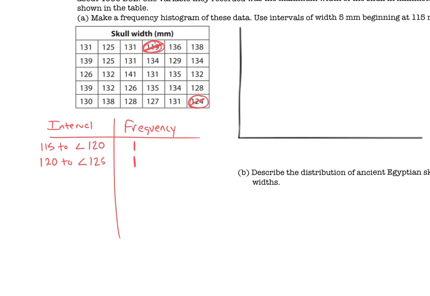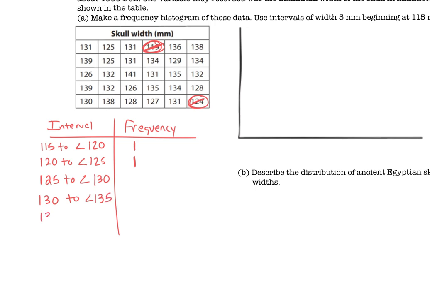Okay? And we're going to continue with that trend of, okay, 125 to less than, whoops, I messed up here. That should be less than 130. Sorry about that. Alright, and then what will happen is then we'll pick up with 130 to less than 135.